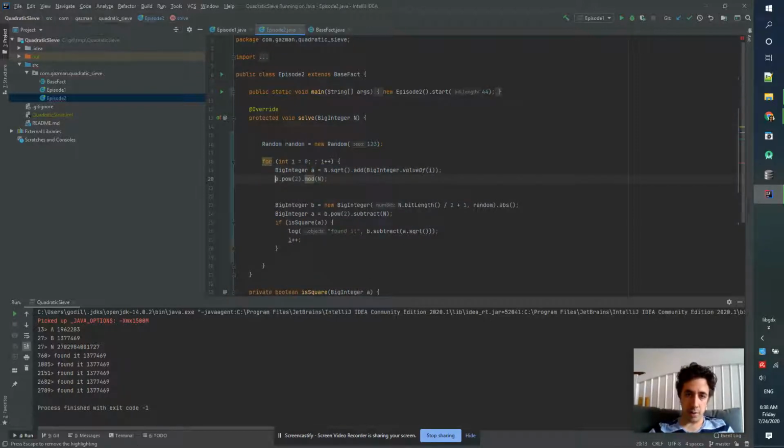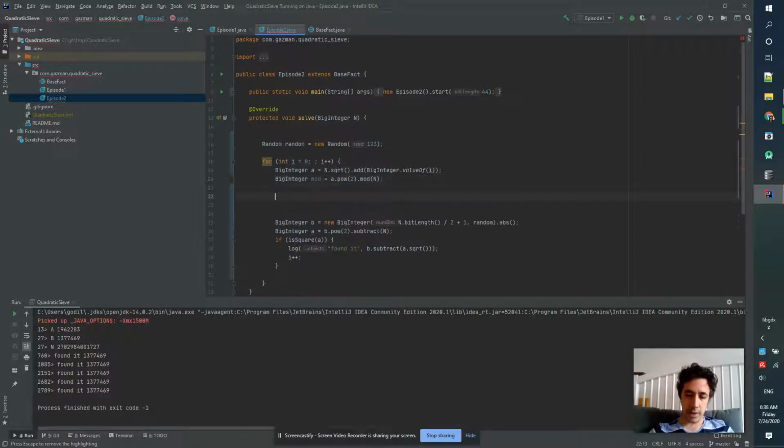It's our A. Then we are squaring it, and we are testing what will be the result mod n. We are saying that A squared mod n, because I believe that mod is a square, is maybe a solution.